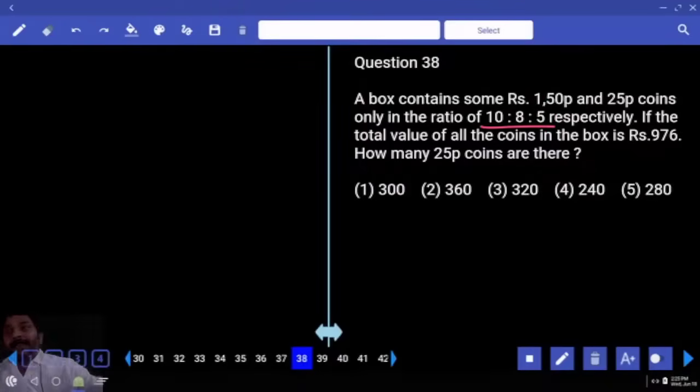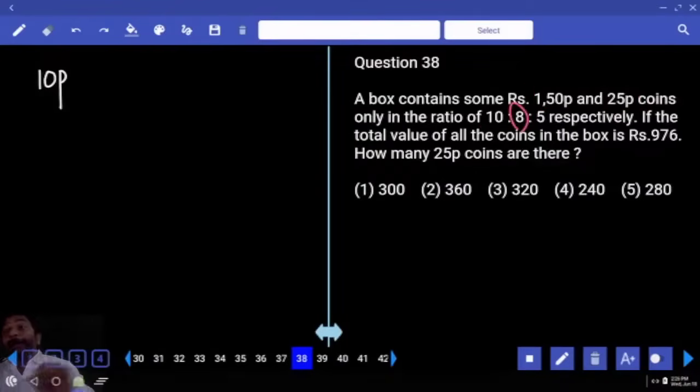Assume we have 10 parts, 8 parts, 5 parts of coins. First one is for 1 rupee, right? Amount collected from 1 rupee coins is 10 parts. Second one 50 paisa, half rupee. This information should be either all in rupees or all in paise. Let us calculate in terms of rupees only. 50 paisa, half rupee.